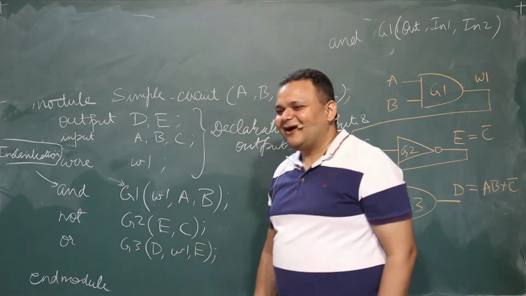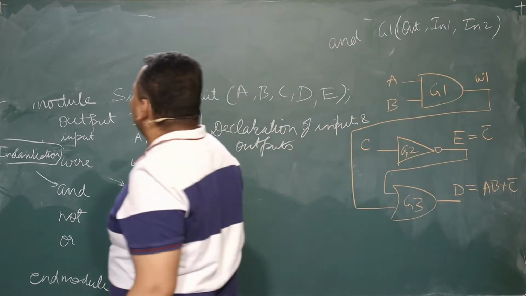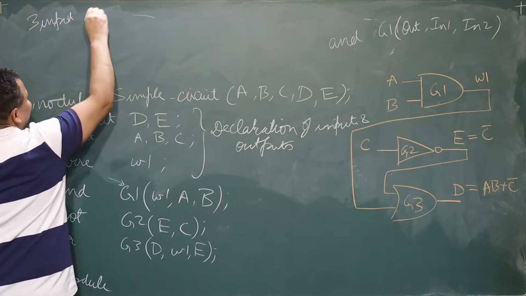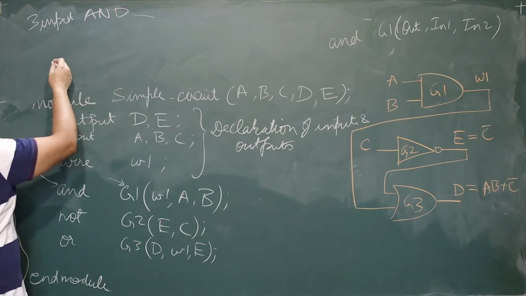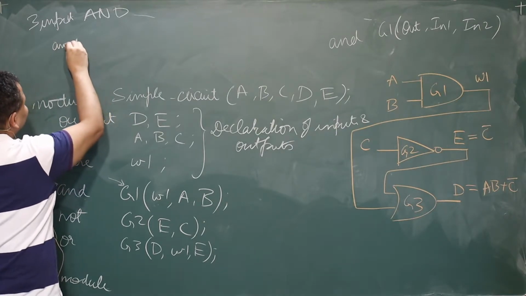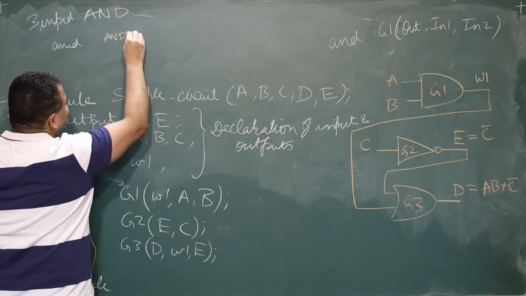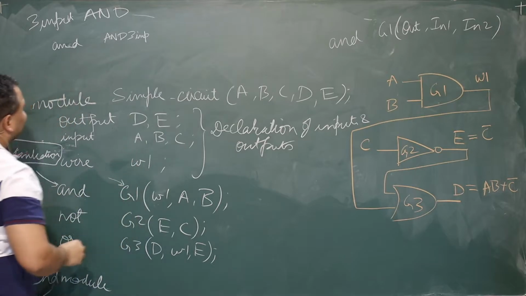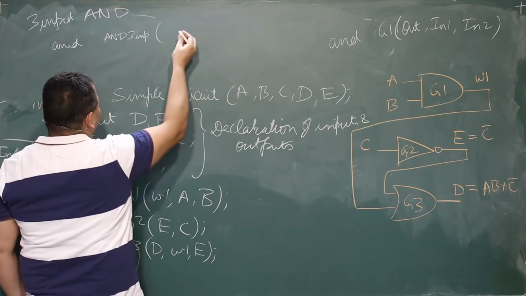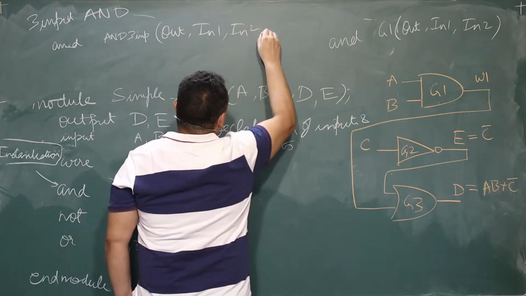So if we wanted a 3-input AND gate, the way we would define that would be AND, and let us call it AND3in. That is the name of your gate, and the terminals would be out, comma, in1, in2, in3.